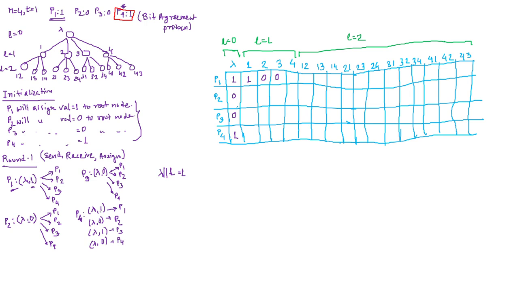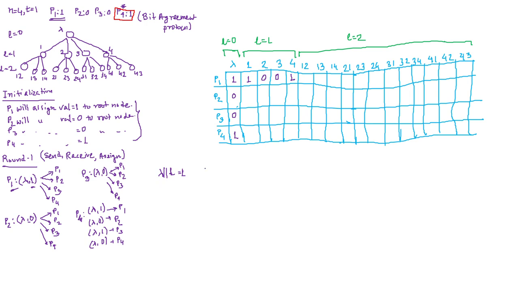P1 has received lambda comma 1 from P4. So it will assign value 1 to the node with tag lambda concatenated with 4. So it will populate the node with label 4 with value 1. I hope I am clear.